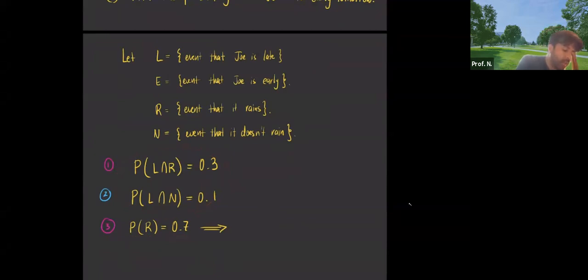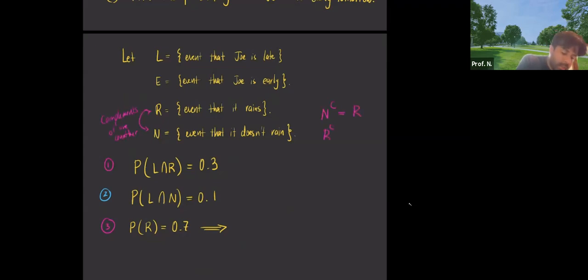Right. So then, okay, guys. One thing is that R and N are complements of one another. What that means is that the complement of N, that it doesn't rain, is that it rains.